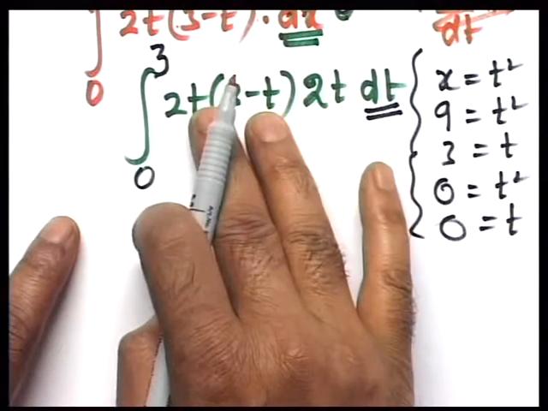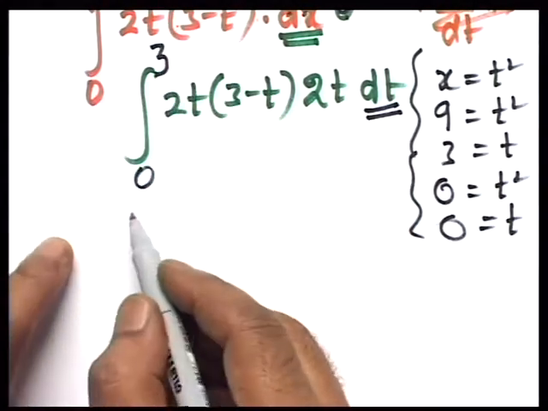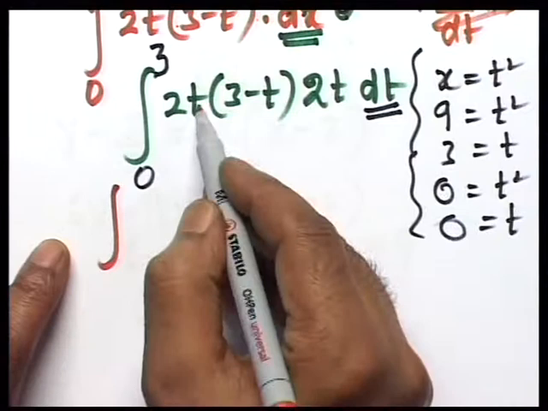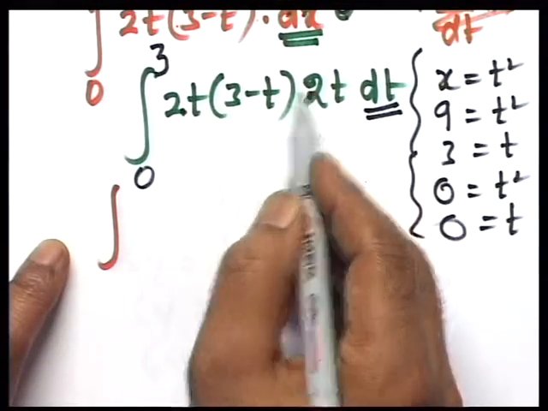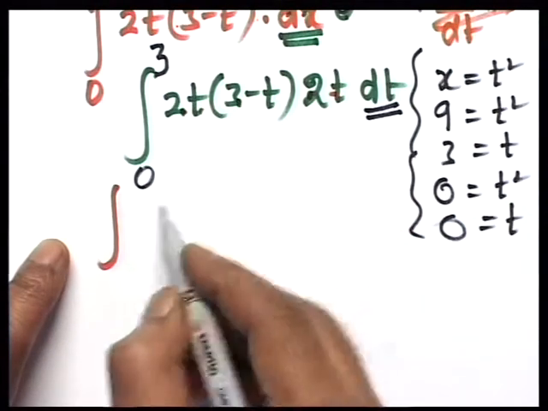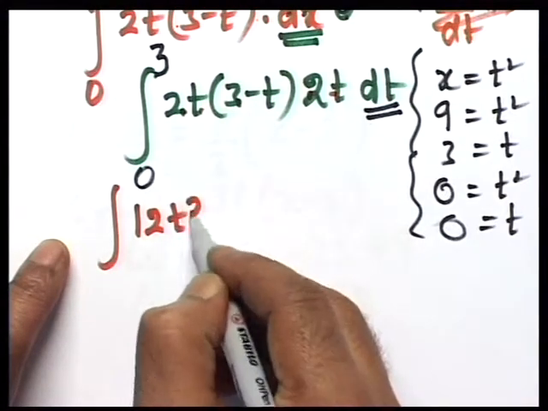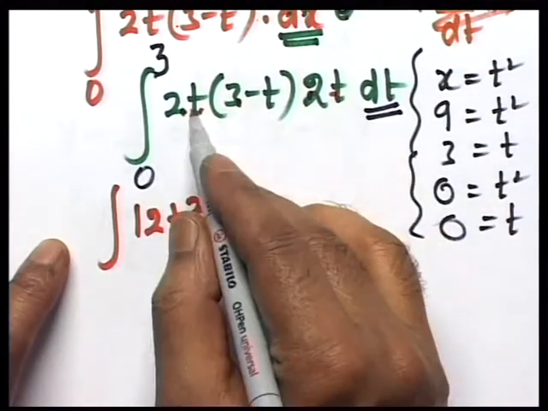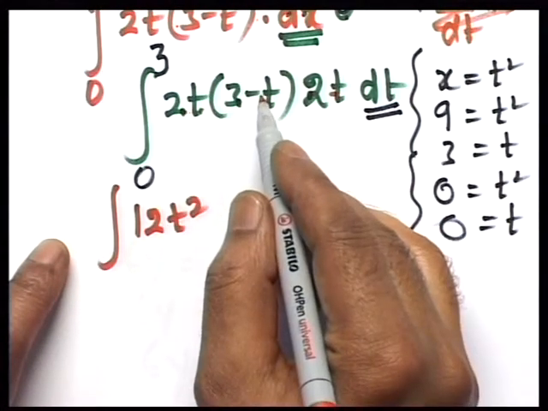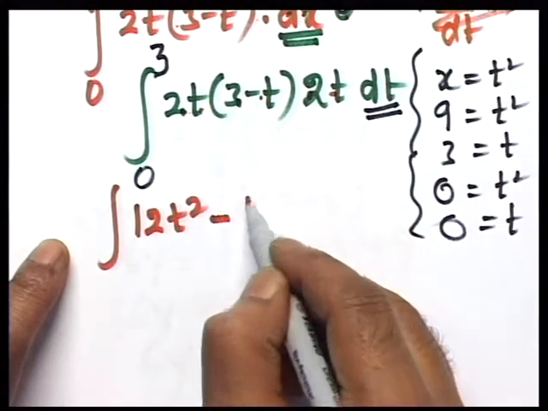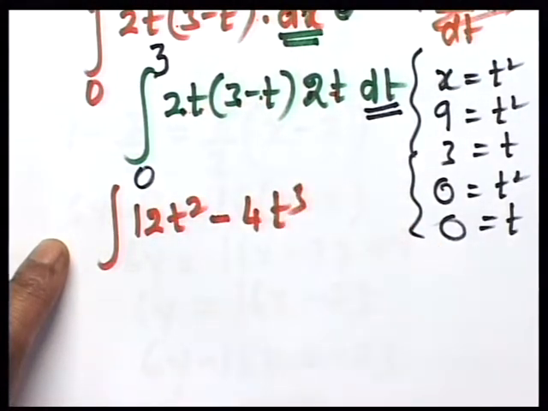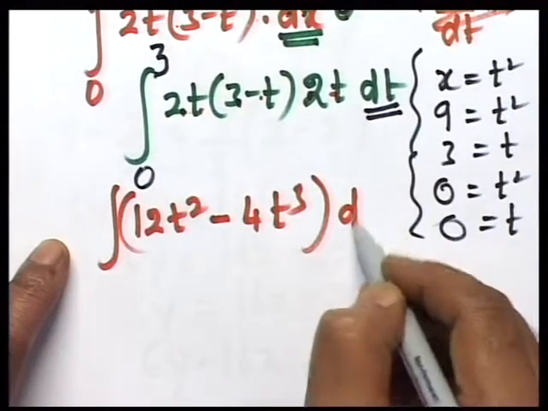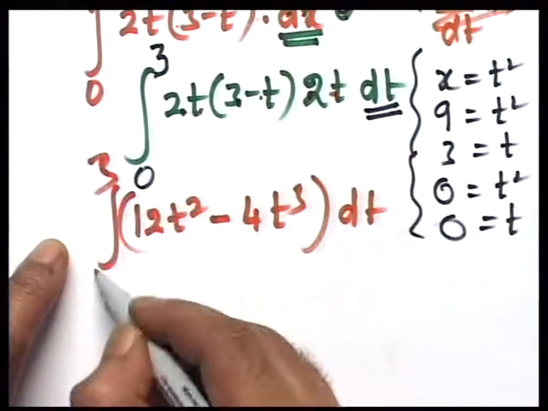So we know how to integrate and how to substitute those values now. Open the bracket: 2 times 2, 4, 4t squared times 3, 12t squared; 4t squared times t is 4t cubed, right? And dt, with limits 3 and 0.